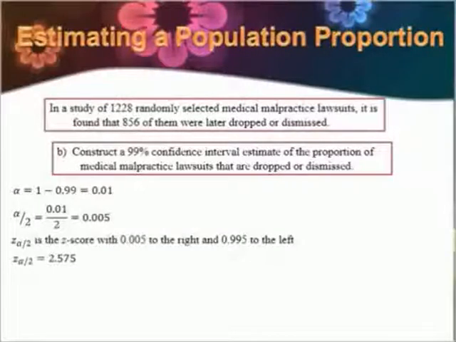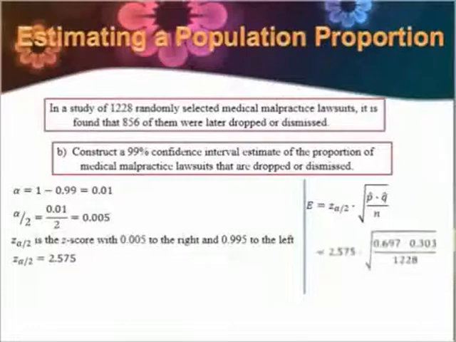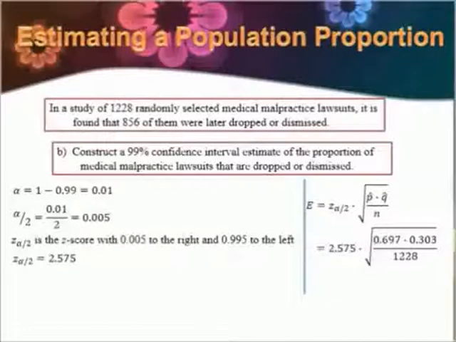Now we can calculate the margin of error using our formula for the error estimate. Plugging in what we know and calculating all this, we get 0.034 as our margin of error.